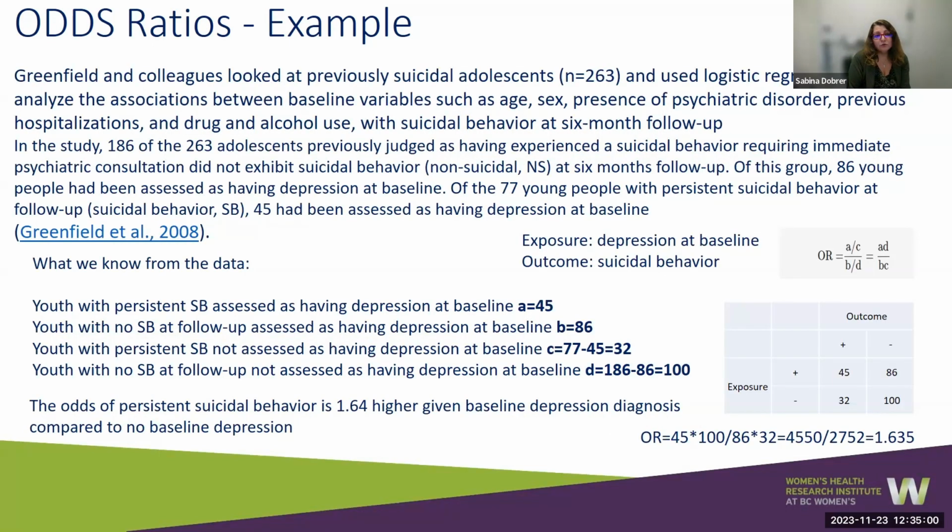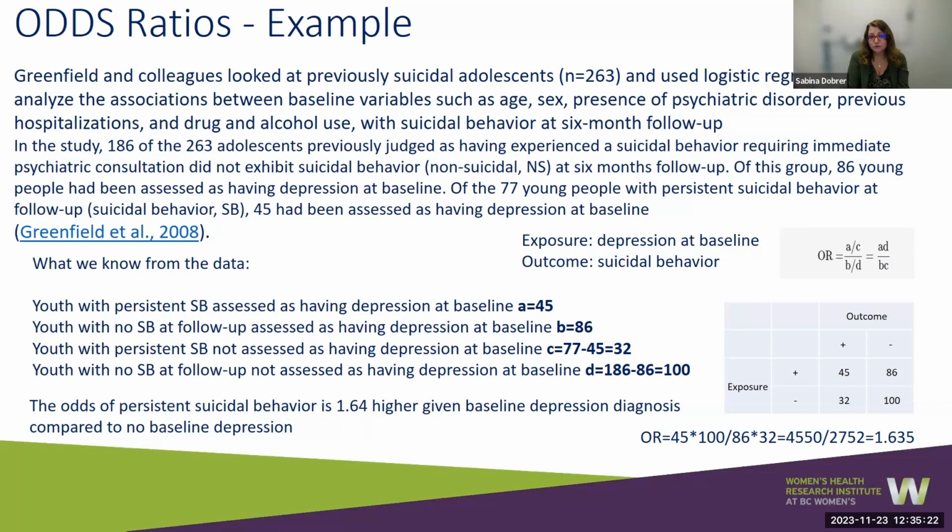So here I put the reference to the paper, and based on this paper, I'm going to explain how to calculate odds ratios in more detail. Greenfield and colleagues looked at previously suicidal adolescents.